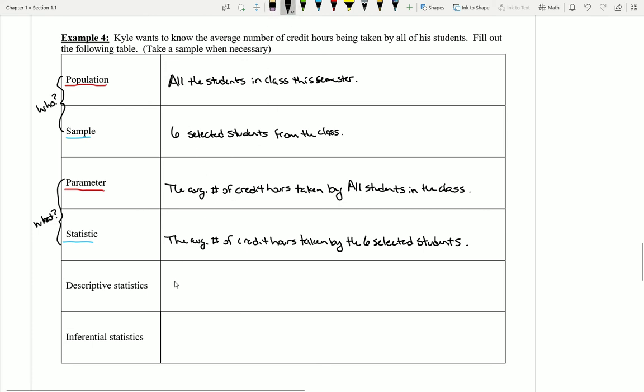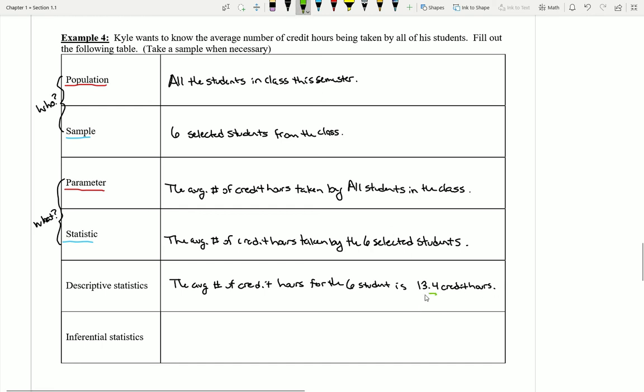I'll say the average number of credit hours for the 6 students is 13.4 credit hours.